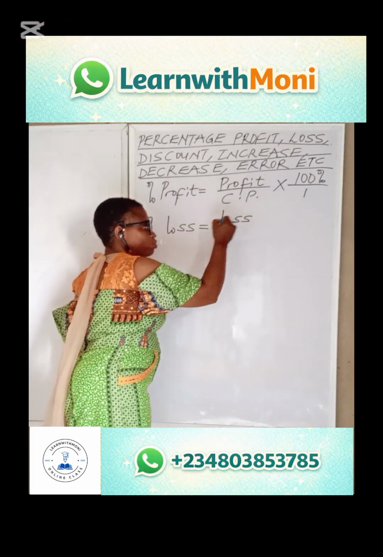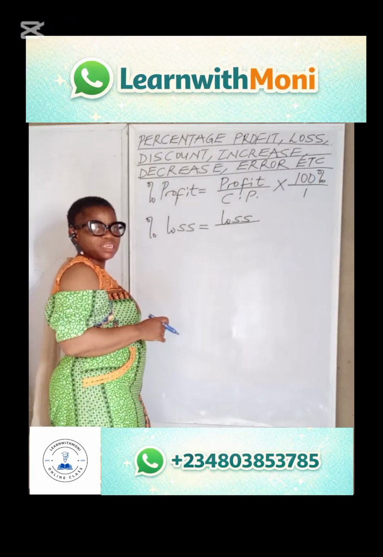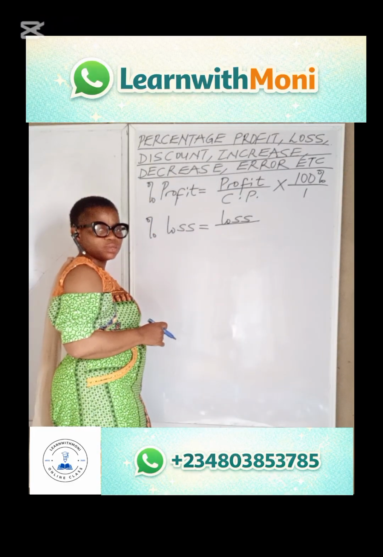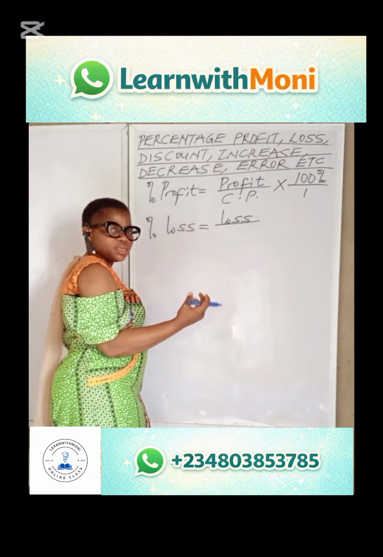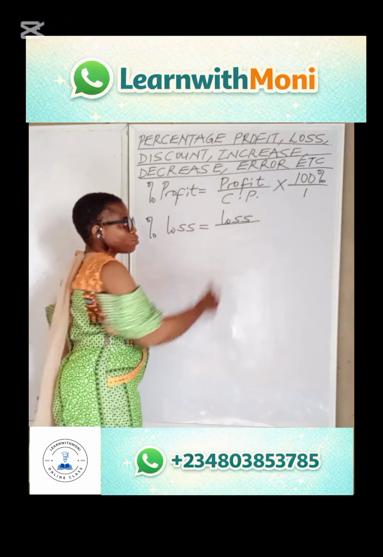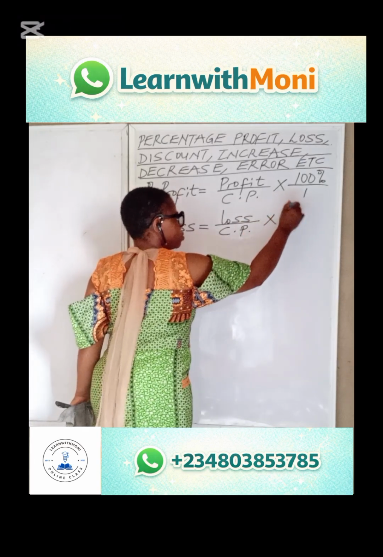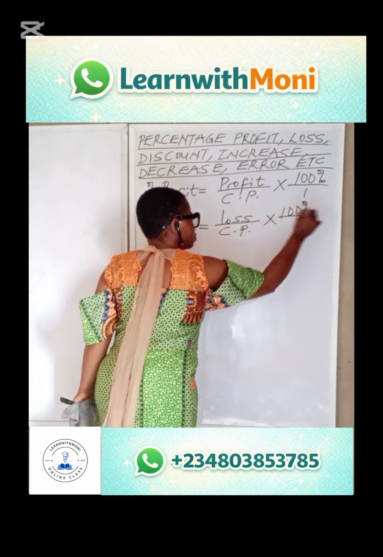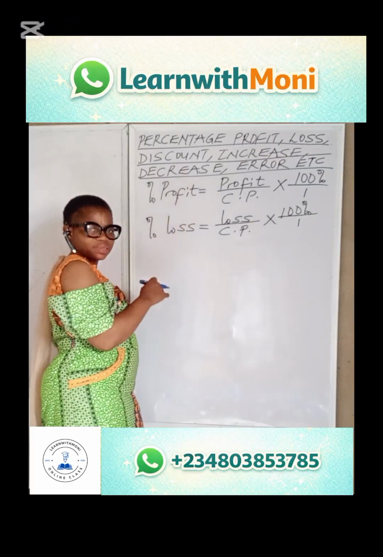In the same way, it's going to be loss over the first price, the initial price involved, which is the cost price. It has to cost something before you want to sell it. So it's going to be the cost price times 100% over 1. I hope you can see the similarity.